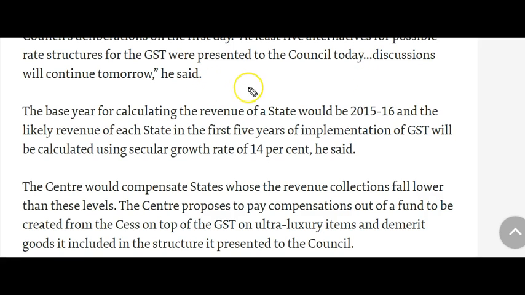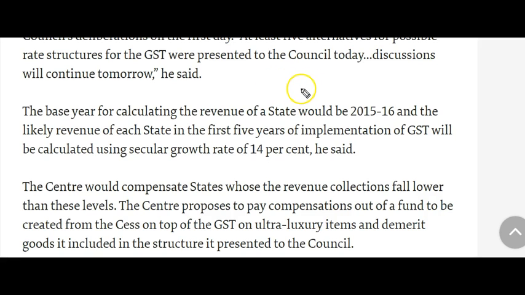Another issue is how to calculate revenue of the state. Calculating the revenue of the state is also an important issue. The base year for calculating the revenue of the state will be 2015-16. Why should we calculate revenue of the state?